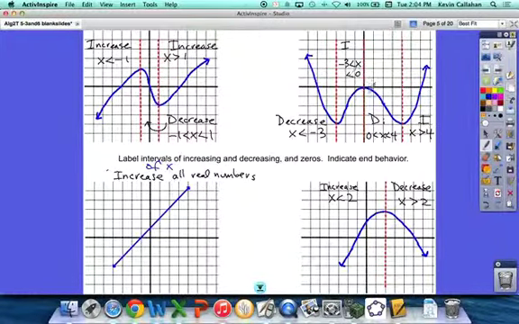And then it's decreasing from this point to what x value? It's 4, right? Don't look at the -4, look at the +4, because it's x, not y. So it's decreasing for 0 less than x is less than 4, and then it's increasing from this point onward, x greater than 4.